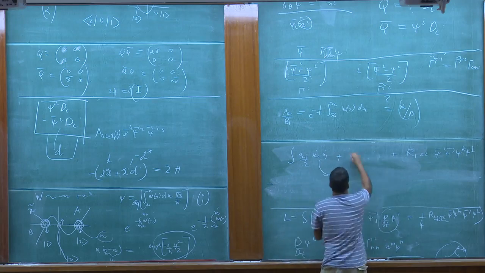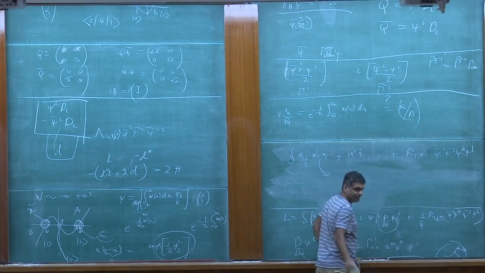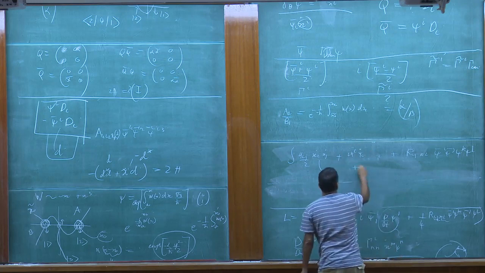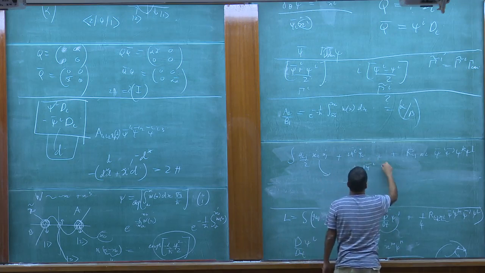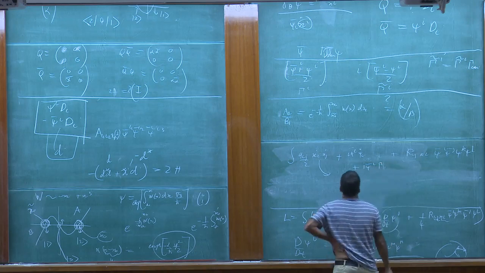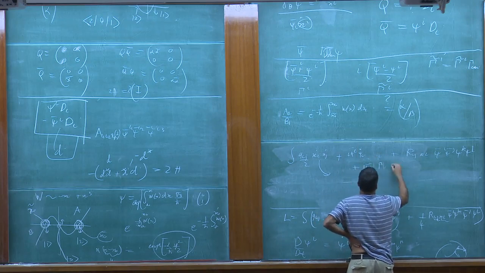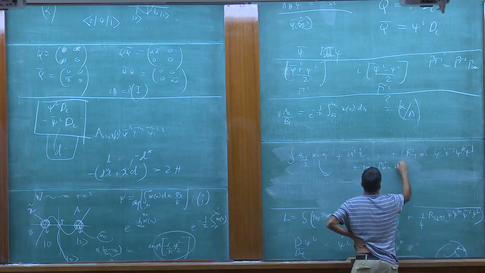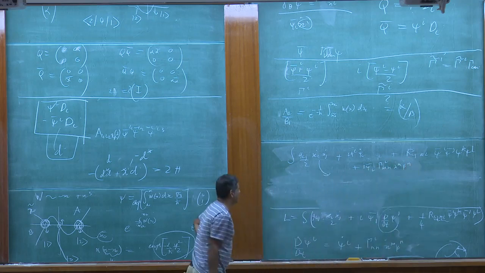One term will be i ψ̄_i ψ̇^i, and then the other term is plus i ψ̄_i Γ^i_mn ẋ^m ψ^n.